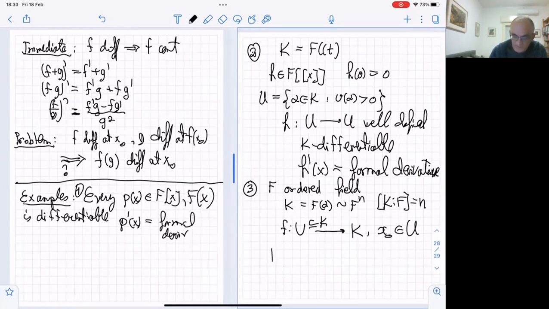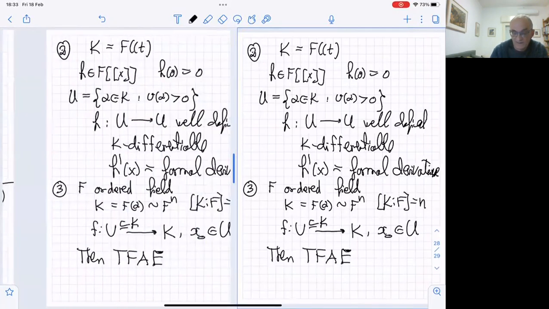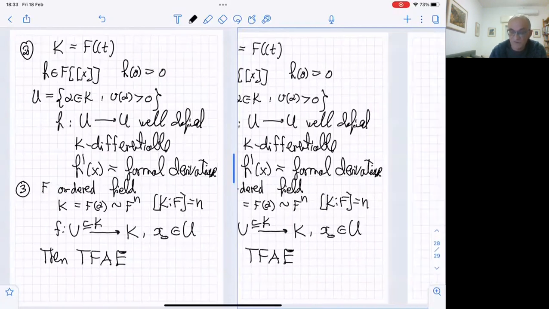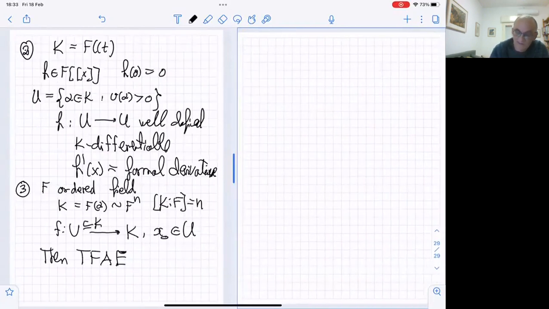Okay, then the following are equivalent, and this is again quite elementary, almost from definitions. One, f is K differentiable. The field we are looking at is the finite extension.